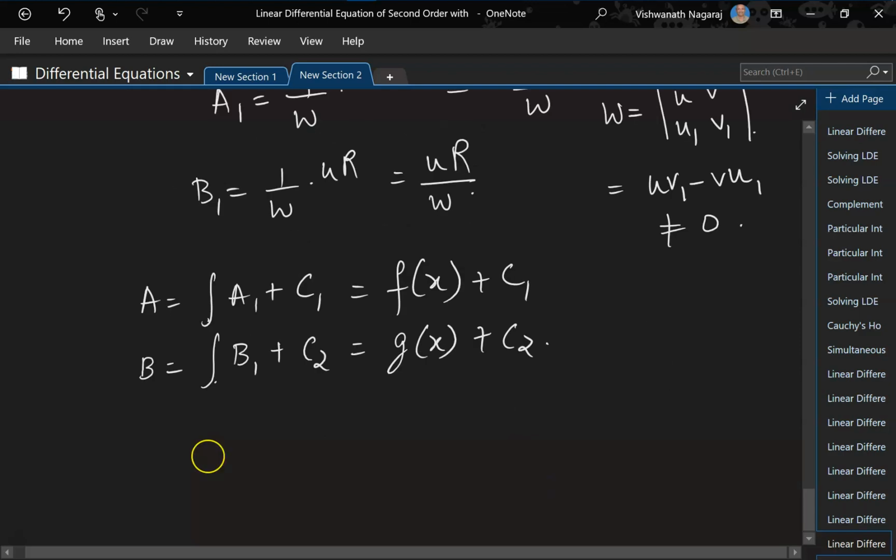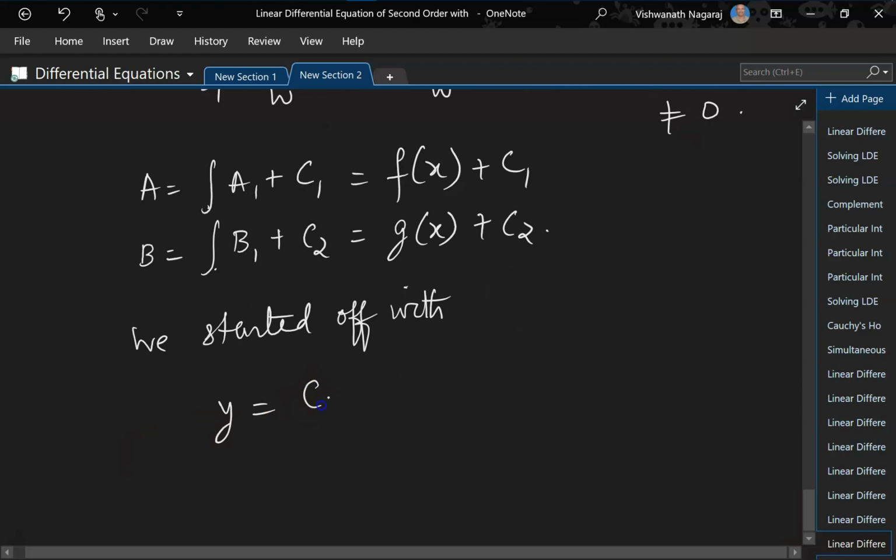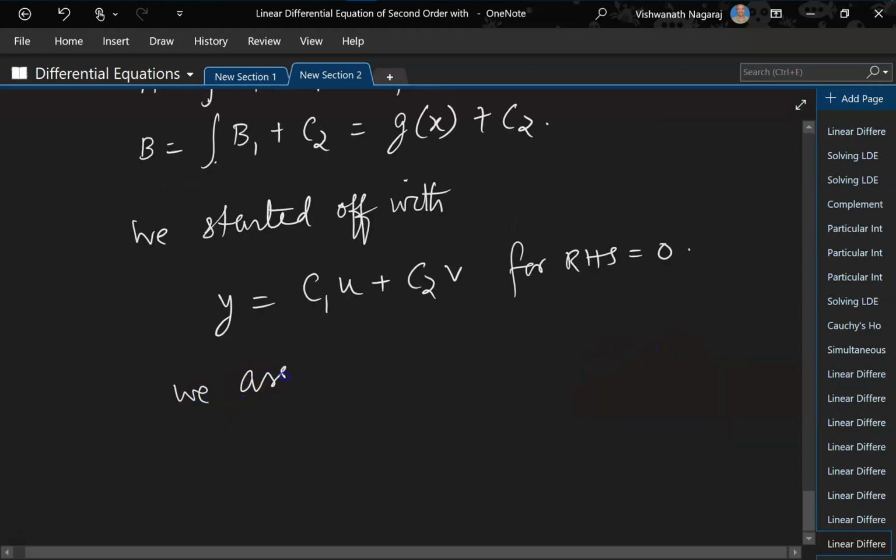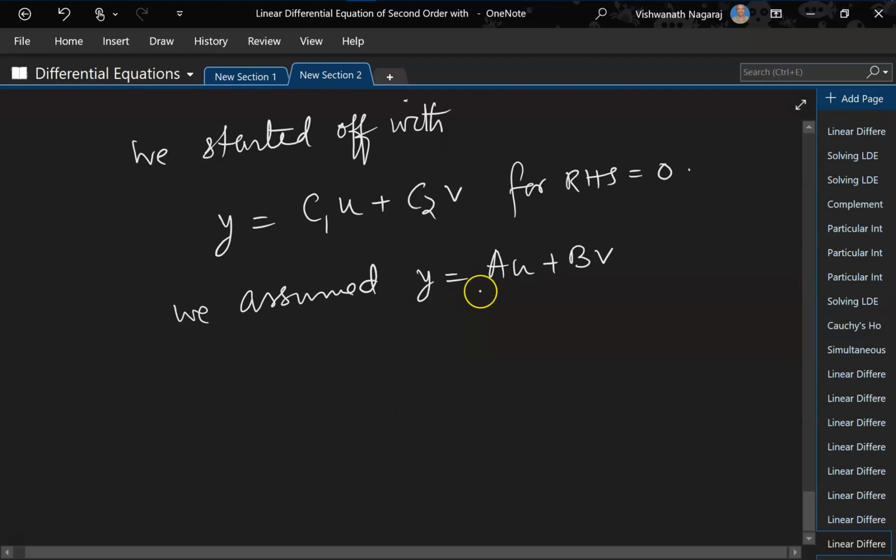Now remember, we started off with the complementary function y equal to c1u plus c2v for RHS equal to 0. We assumed y is equal to au plus bv. Remember this?